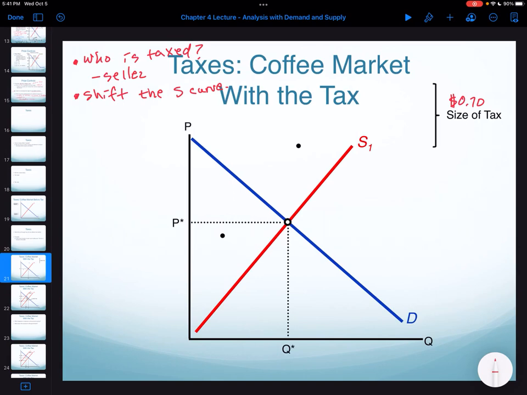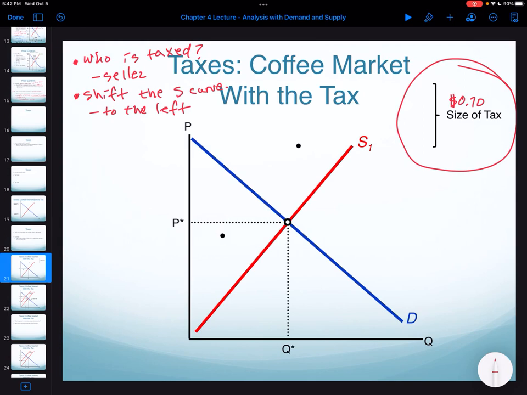If it becomes more expensive to do something, you're generally going to do less of it, okay? And so a tax is always going to cause our curves to shift to the left, right? So the supply curve is going to shift to the left. Okay, so the question is, how much to the left?